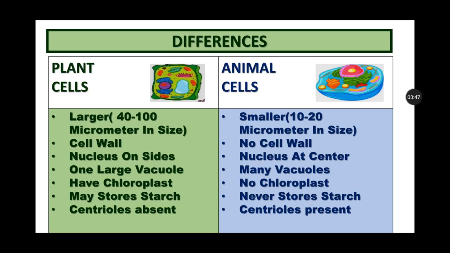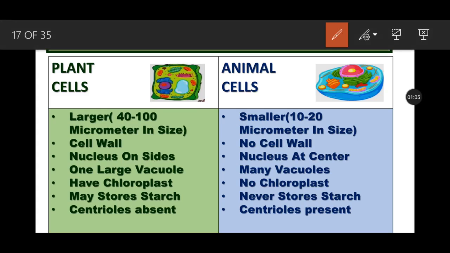Plant cells have a nucleus, but it is pushed to one side of the cell because of the cell vacuole. They have a large vacuole in the center, and because of it the nucleus is pushed to one side of the cell. In animal cells, the nucleus is present at the center of the cell. Plant cells have one large vacuole and animal cells have many small membrane-bound vacuoles.